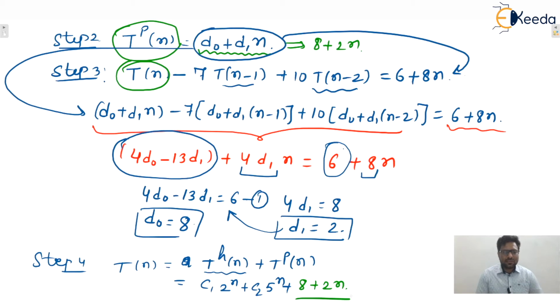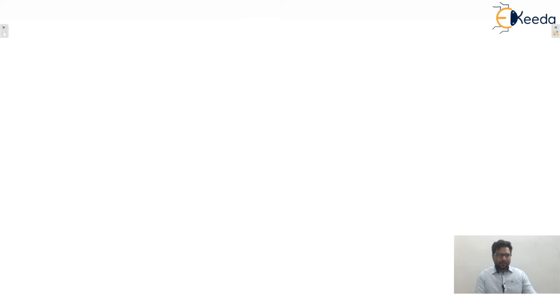Now use the initial conditions in step 5 and find out the constants C1 and C2, and put them back into this particular recurrence relation. That will be the required solution. So let's see step 5.